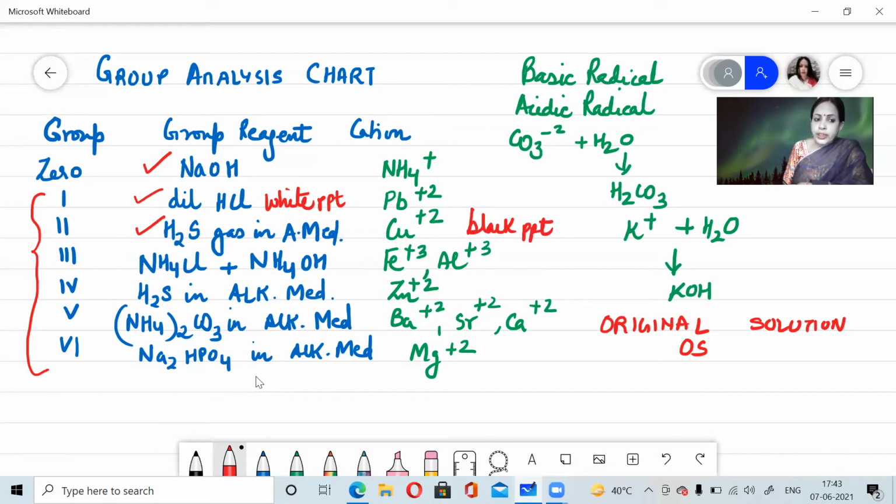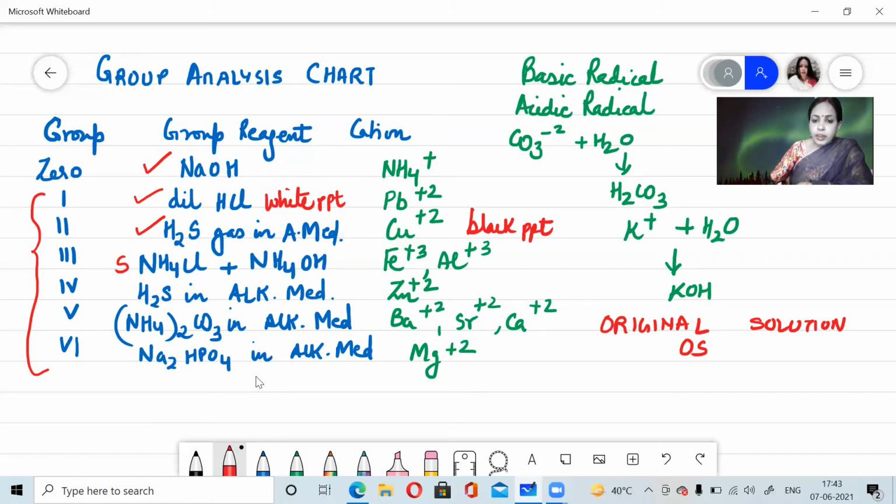If it is showing the absence of group 2, in the same solution we add solid NH4Cl followed by ammonium hydroxide or ammonia solution in excess, that is NH4OH. In this case, you can see I have written Fe3+ ion and Al3+ ion. Either of the cations may be present.